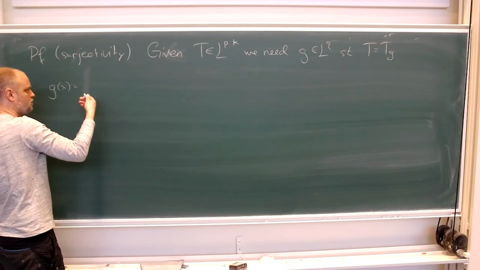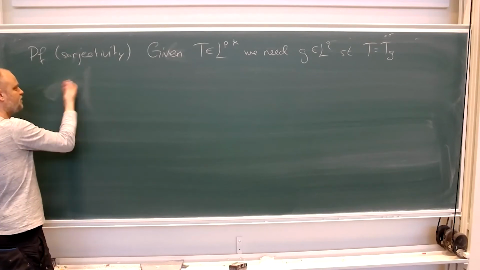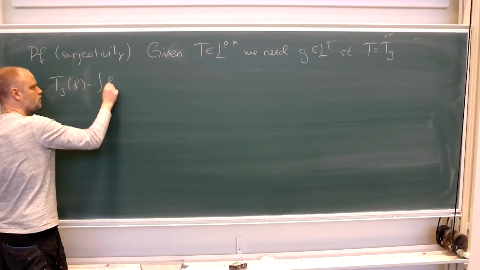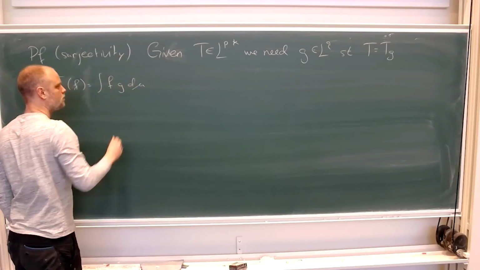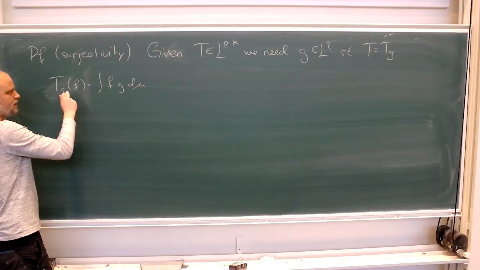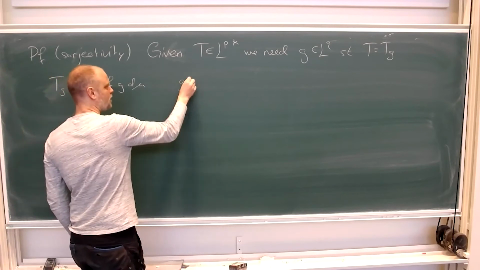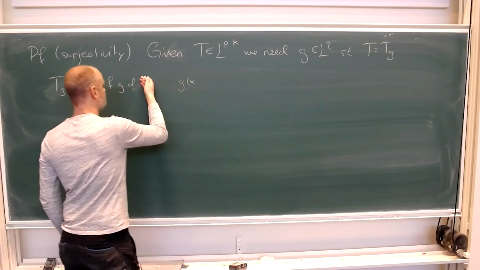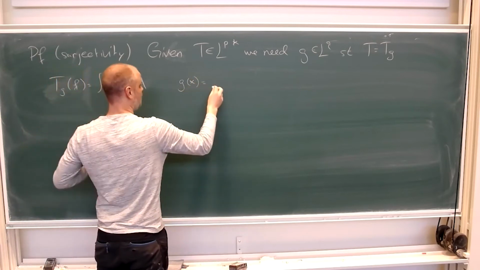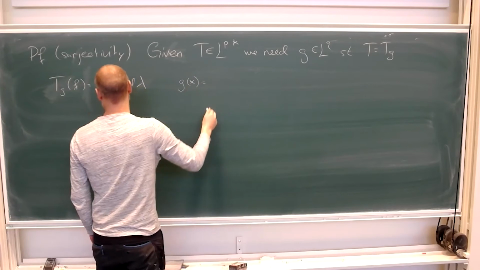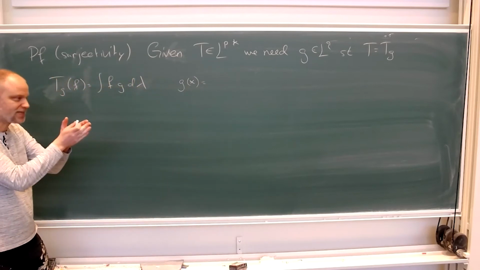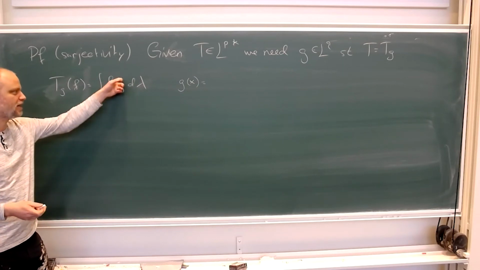If we had this formula, and let's say this is Lebesgue measure, then if f just has a lot of mass at x, I should get the value g of x here.